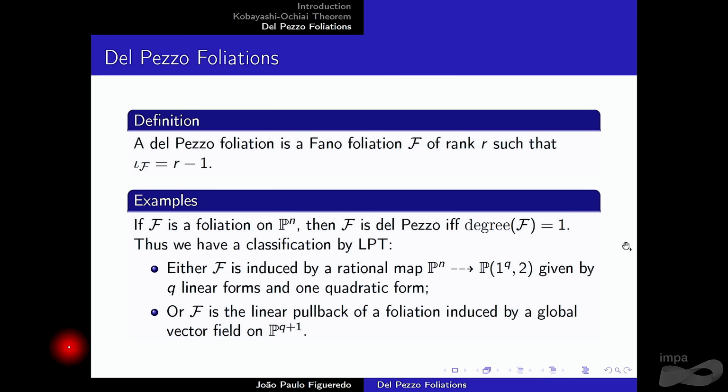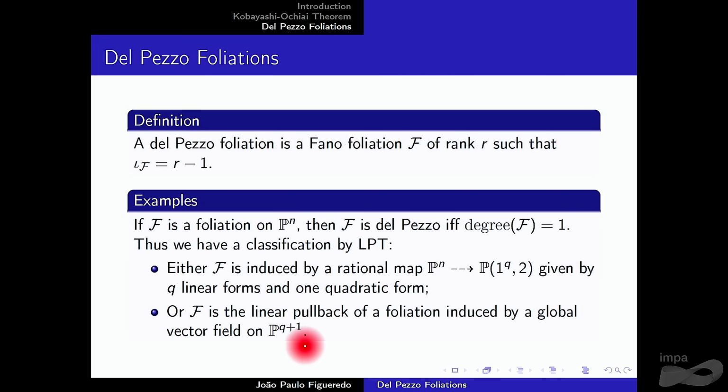So by the classification of Loray, Pereira and Touzet, the Del Pezzo foliations on P^n are either the ones induced by q-linear forms and one quadratic form. So in this first case, this foliation is algebraically integrable. This is given by a rational map, so the leaves are algebraic.